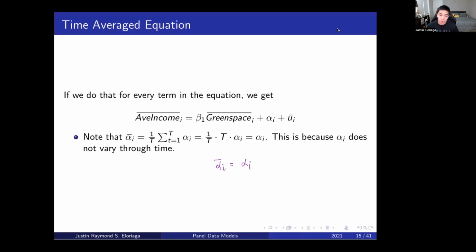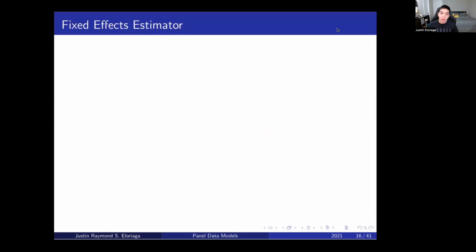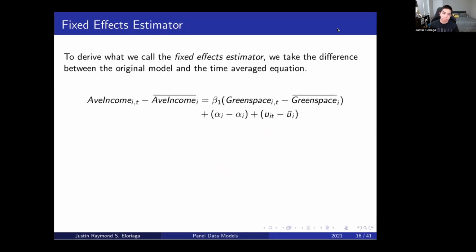It's constant, so whatever time period you have, it's going to be a constant thing. So in effect, that alpha I term will disappear, and we're going to be left with just that initial case. This leads nicely into what we refer to as the fixed effects estimator.